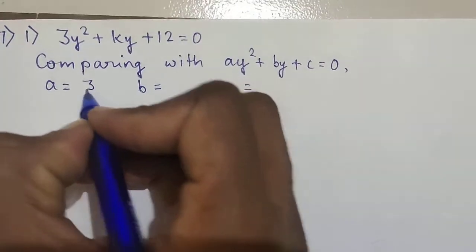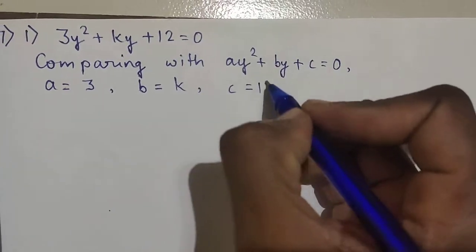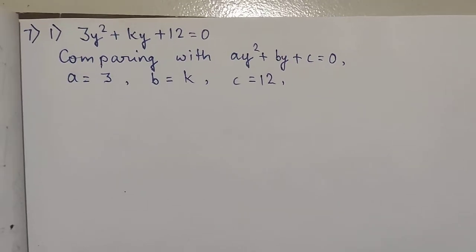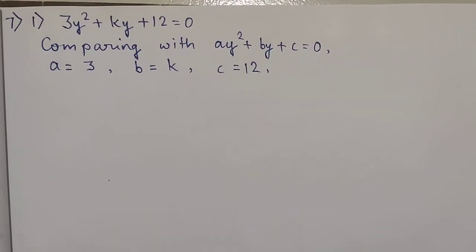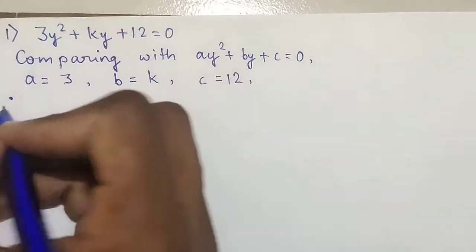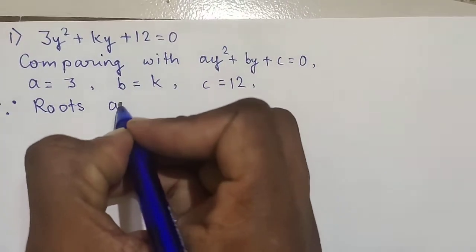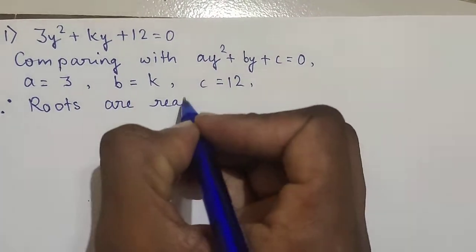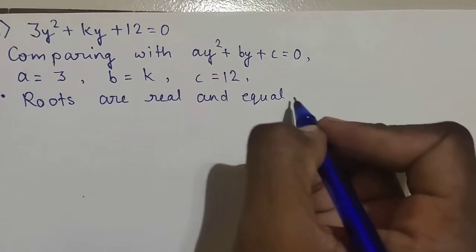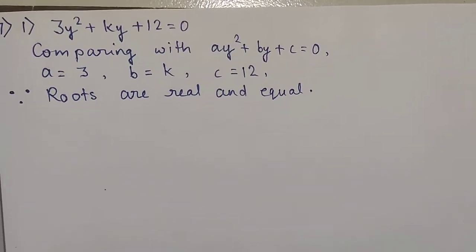What is a? 3. What is b? k. What is c? 12. Okay. So you are having a value 3, b value k and c value 12. Now in this question, already you are given that roots are real and equal. This you already know. Okay, that is roots are real and equal.